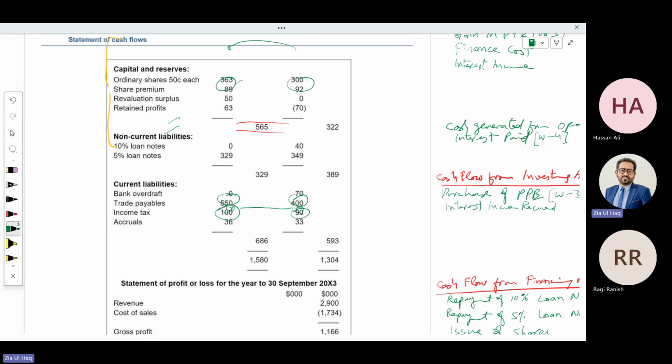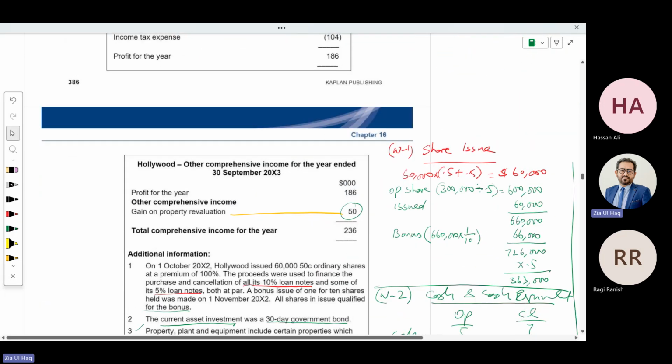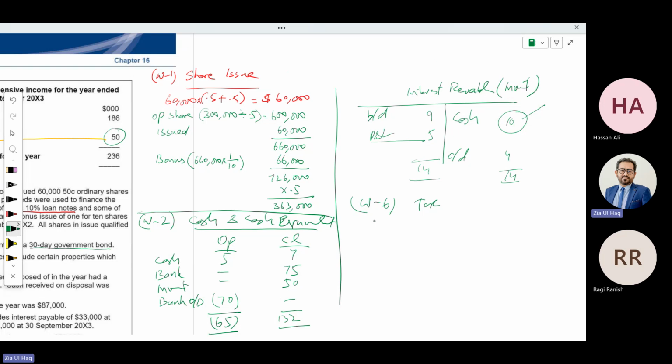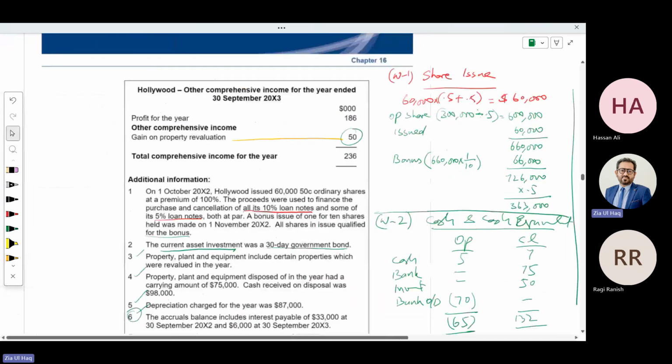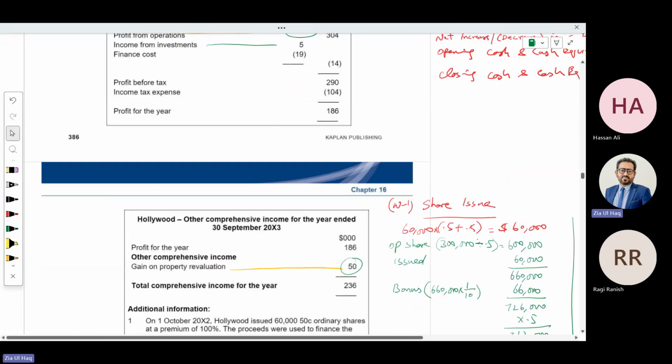Opening balance, closing balance. From this, we can calculate tax paid. So we open our tax payable account. Opening balance on credit side, closing balance on debit side.